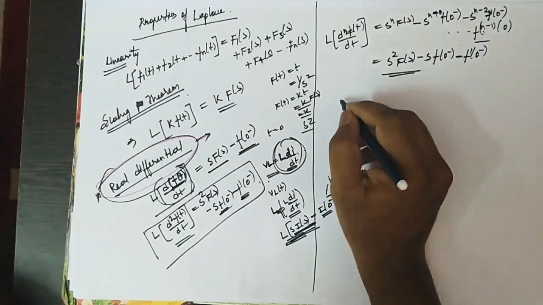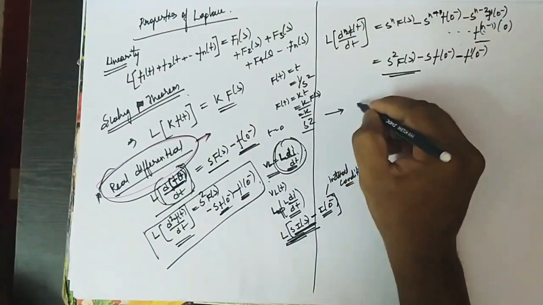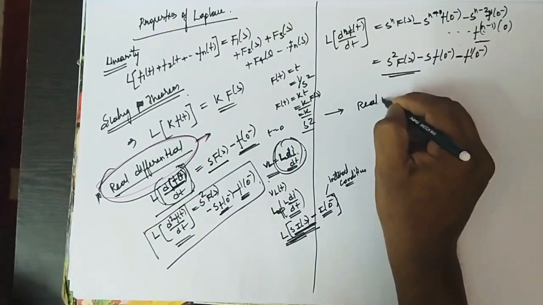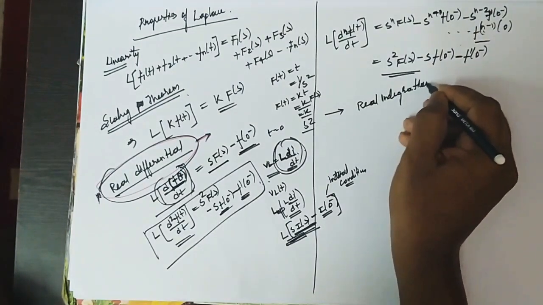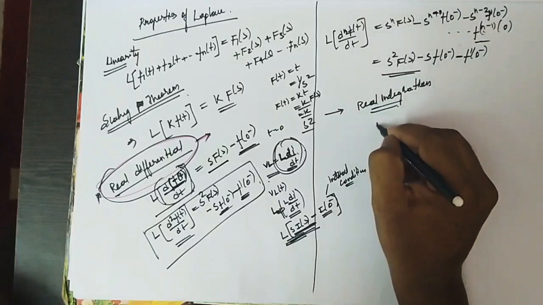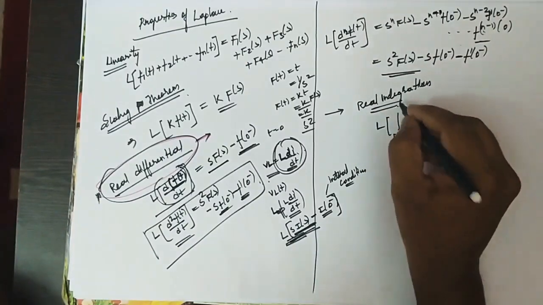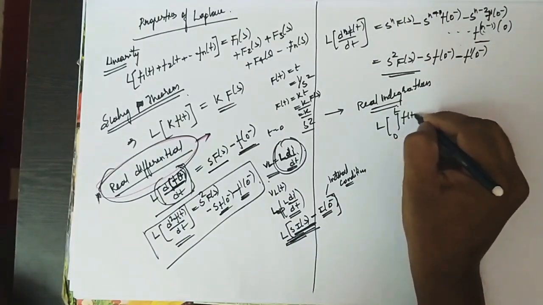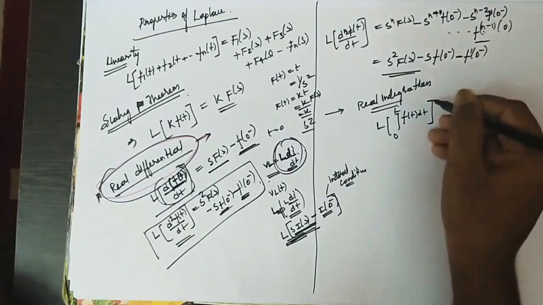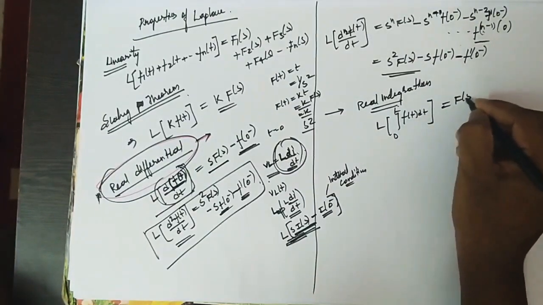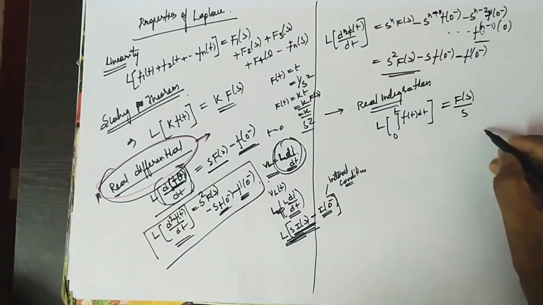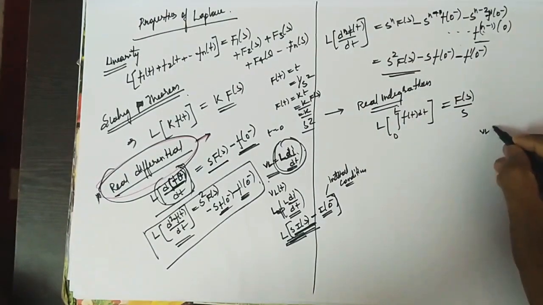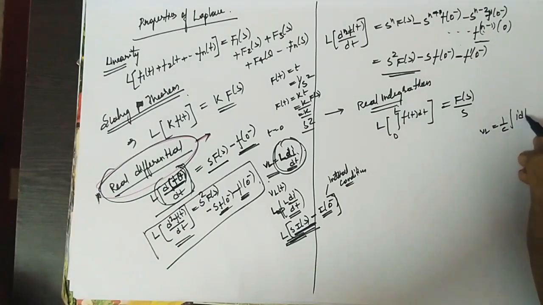The other main theorem you use is real integral. The Laplace transform of any integral of f of t dt you will get as F of s by s. Similarly, the voltage across the capacitor is 1 by C into the integral of I dt.